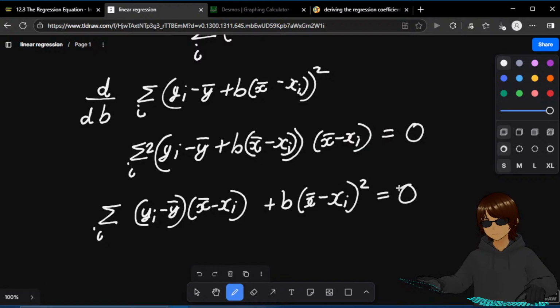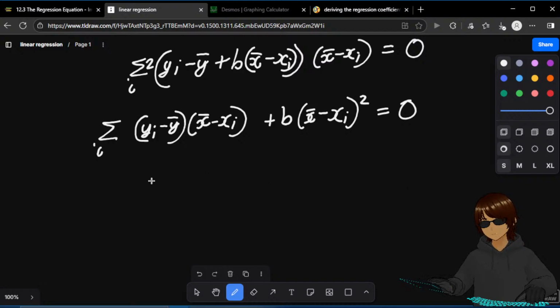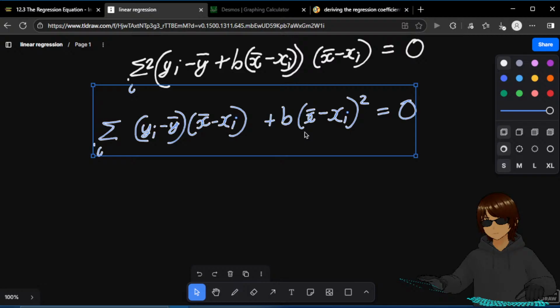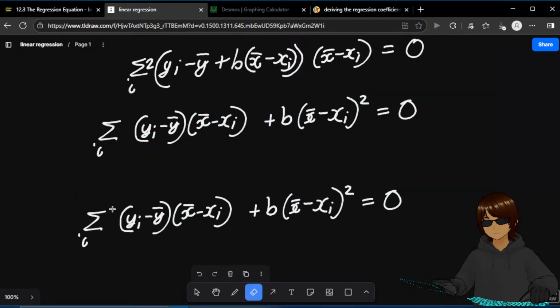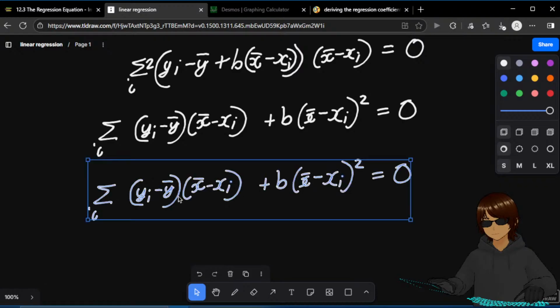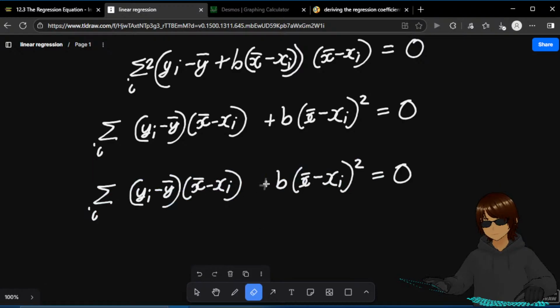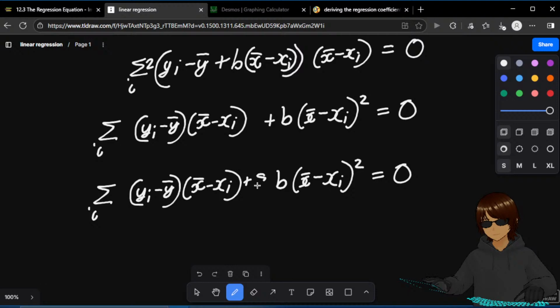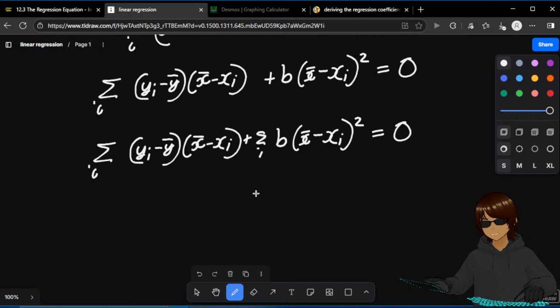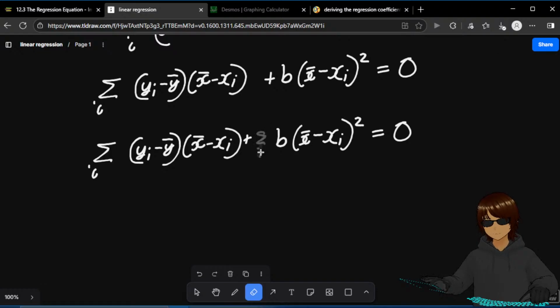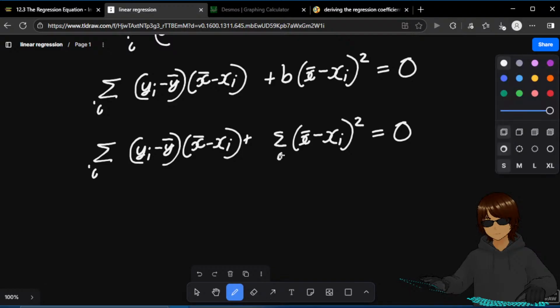Square. Then I can split the sum. Just do that. And then I can take the b out, right? Can take b out. And then I can rearrange to get b.